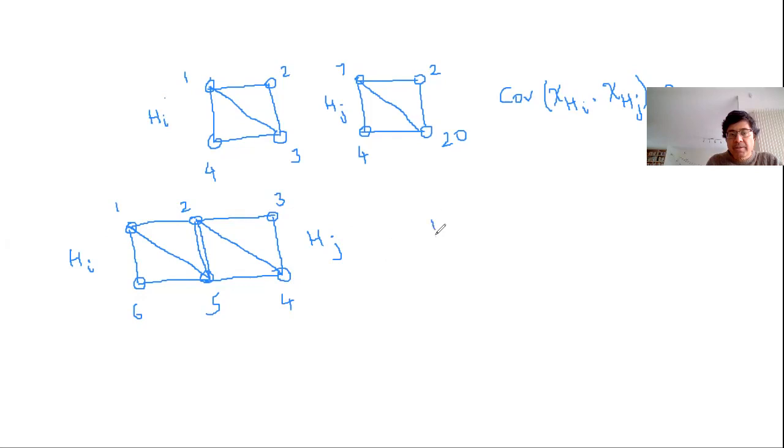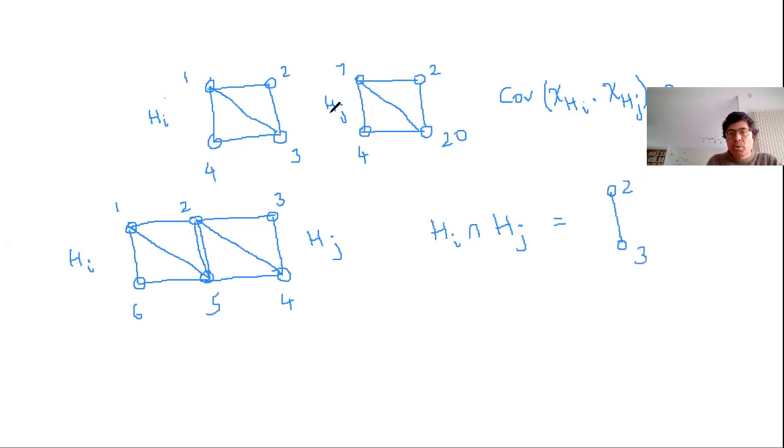And now the intersection of Hi and Hj, the bit that's common to both copies, is this. So it's the edge 2, 3.